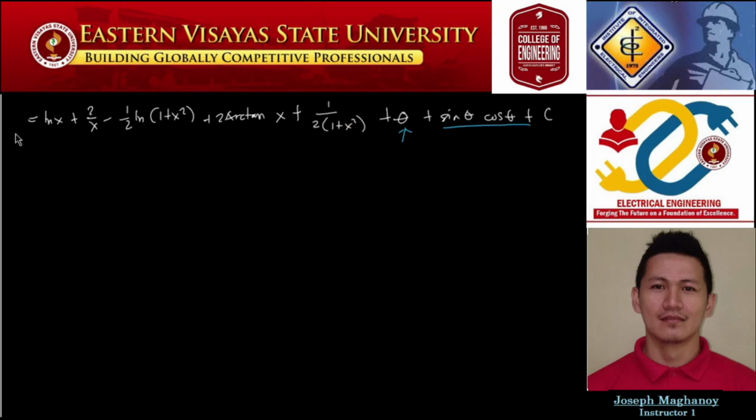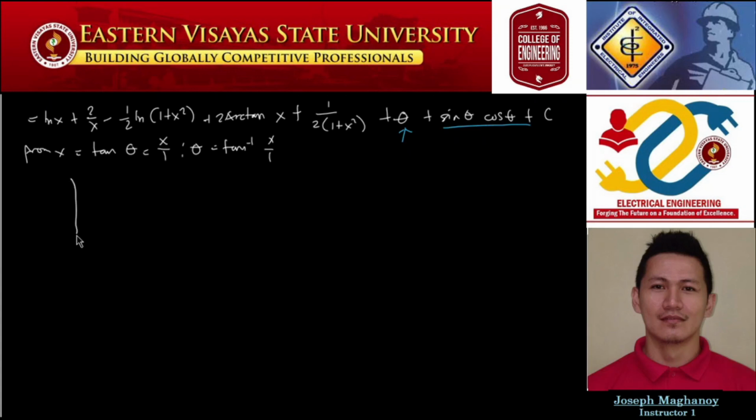From x equals tangent theta, we have tangent theta equals x over 1. So theta is the inverse tangent of x over 1.